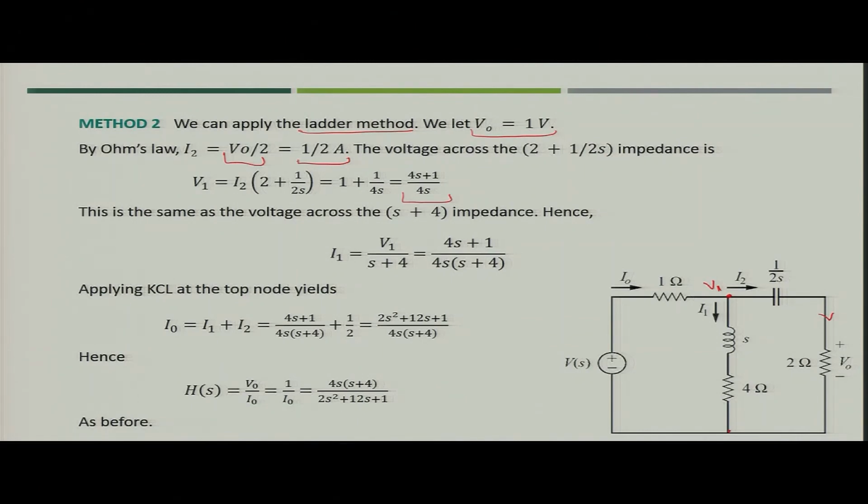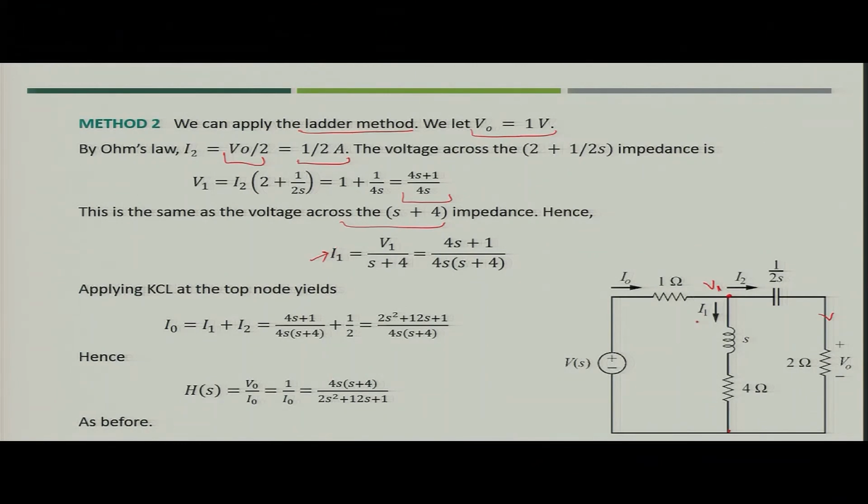Now, this is the same as the voltage across the s plus 4 impedance. So, you can find out the value of current I1. I1 would be nothing but V1 upon s plus 4. V1 we have got as 4s plus 1 upon 4s, and then we divide again by s plus 4 to find the value of I1.